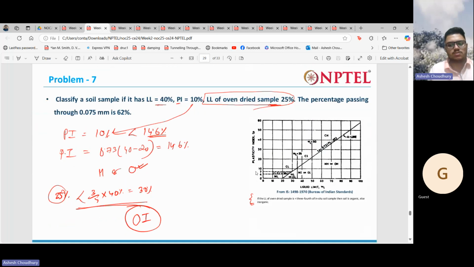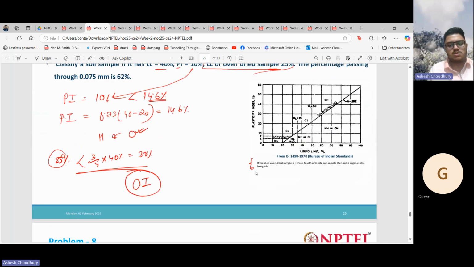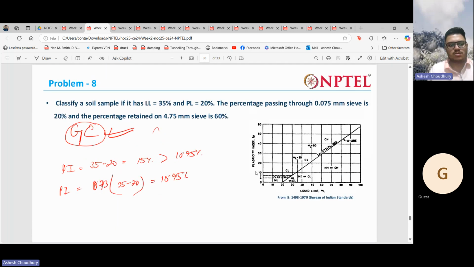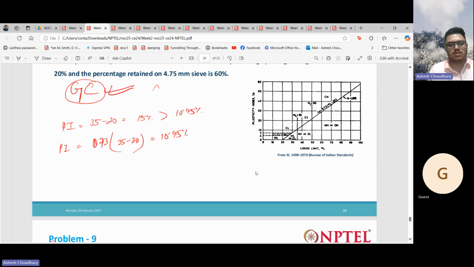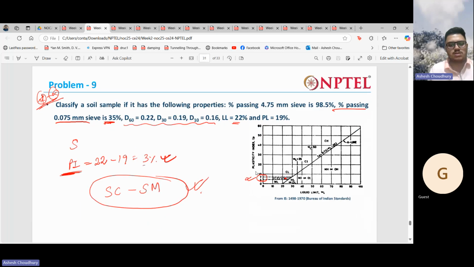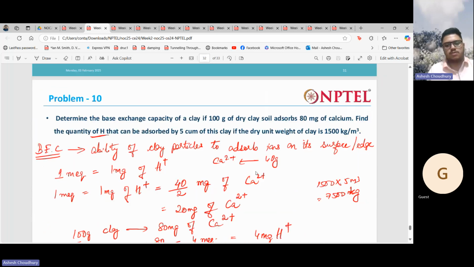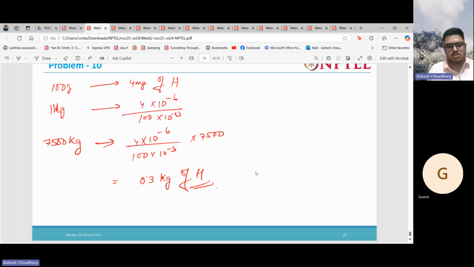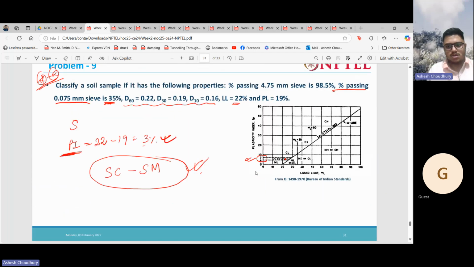It's better I do not go through the problems one by one because we have already solved them. If I see some difficult problem, then I will tell. These were just simple basic problems.